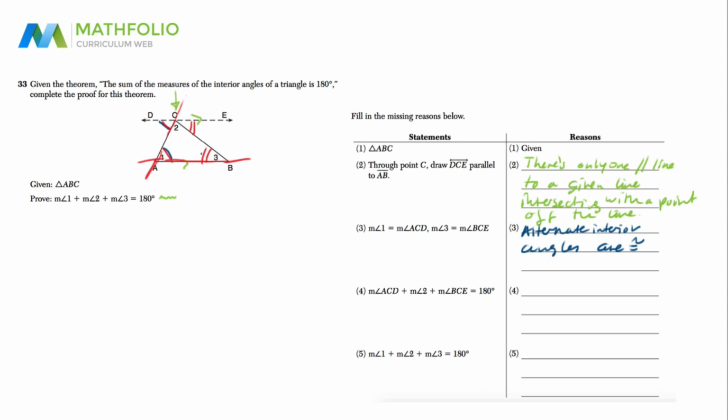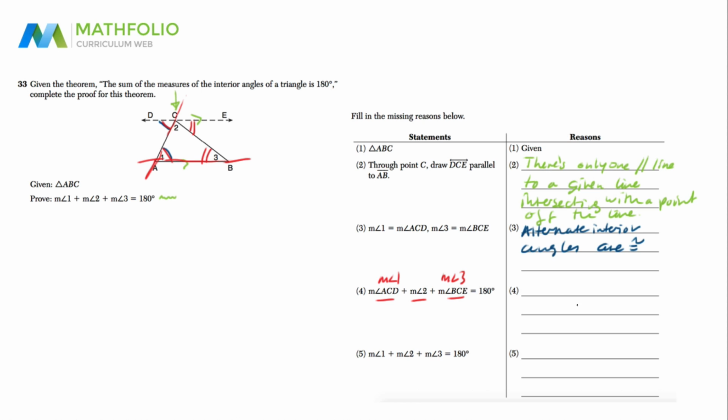And the reason for that is because if these are congruent pieces and they all effectively match up to 3 parts of a triangle, whereas ACD, A to C to D, is angle 1. This is measure of BCE, B to C to E, is effectively the measure of angle 3.